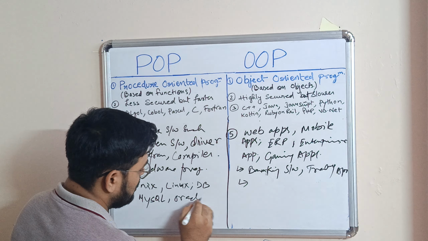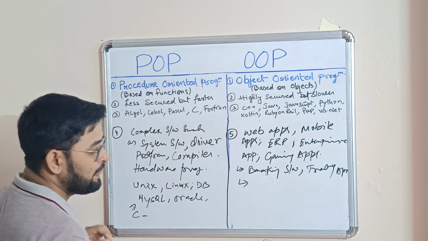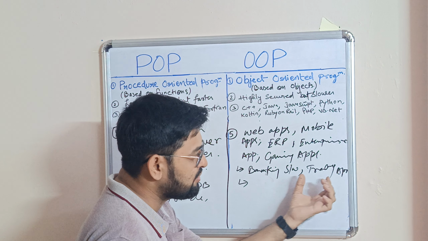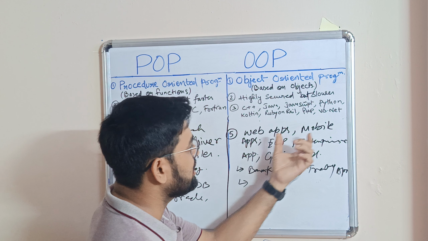These are the unique features of system software and compilers. So these are examples of such complex software made with the POP approach, POP paradigms, using the C language. These are all implementations of C programming. Here we have banking software, trading applications, gaming, web applications, mobile applications, ERP, enterprise business software. Any business software.